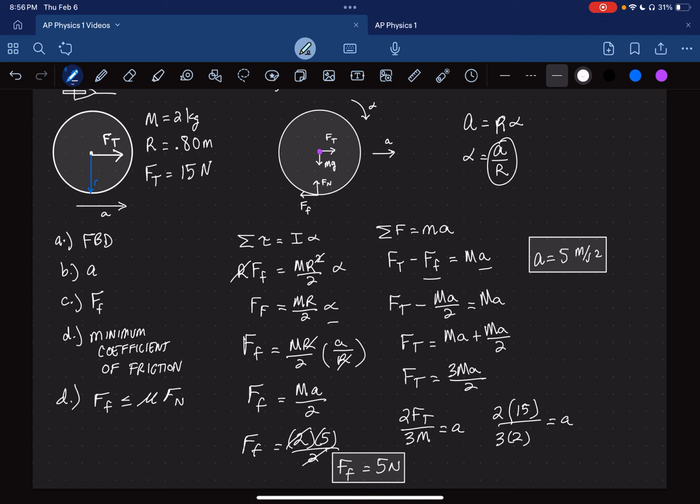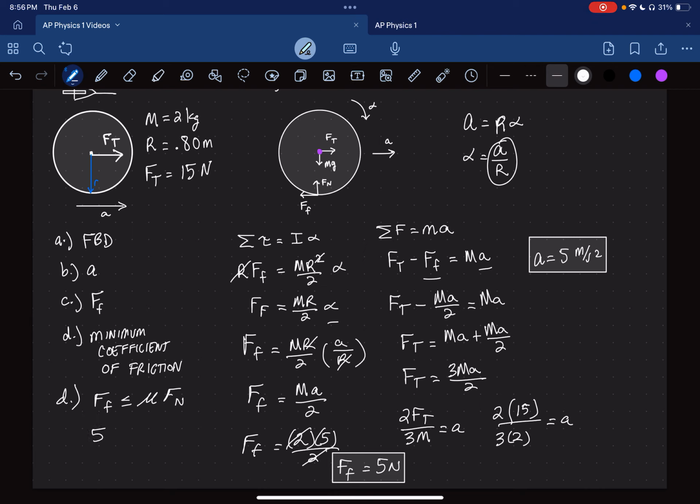This thing is just rolling. It's not slipping. And what kind of friction is that? It's almost by definition, I think. Well, kinetic friction is by definition slipping, the way we've defined it. So yeah, this is static friction.